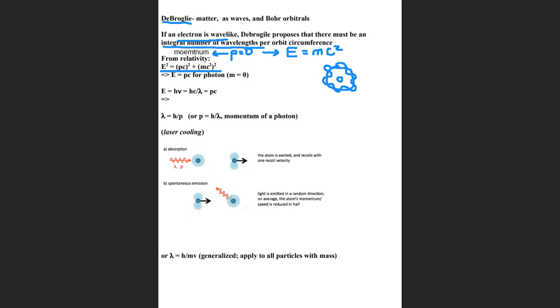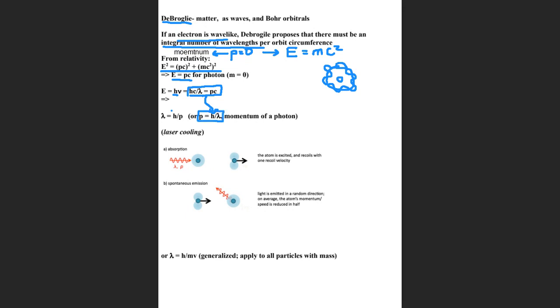If, however, m is 0, as in the case of a photon, E is pc. Since we already knew E is h nu, or hc over lambda, hc over lambda must be pc, which leads us to p equals h over lambda.